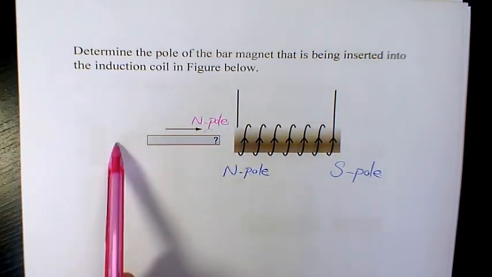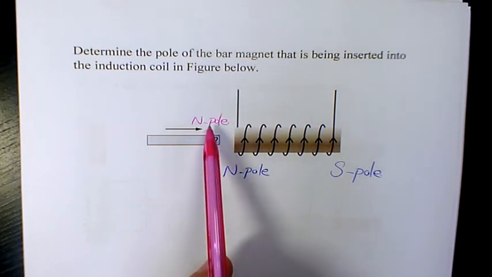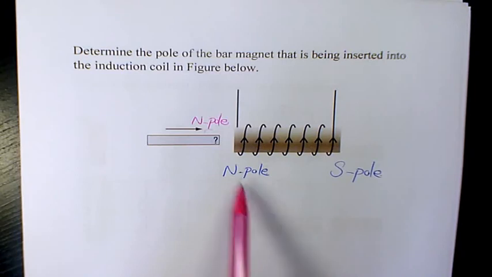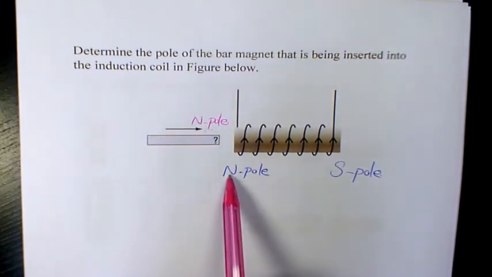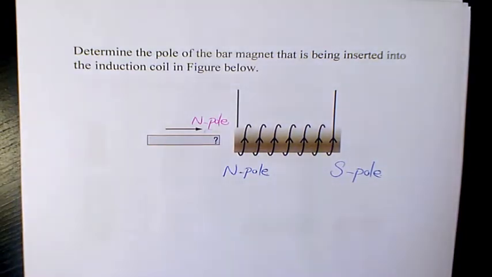If it was removing, then it would be S pole in here, not N pole. It's going to be opposite when we are dealing with removal of bar magnets.